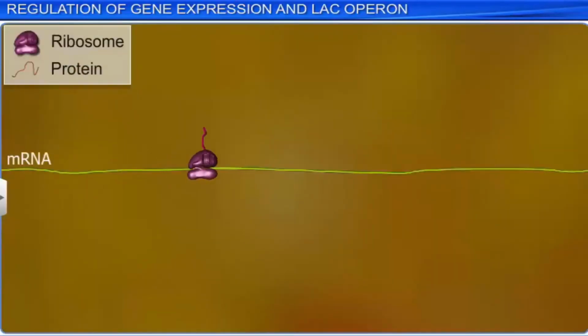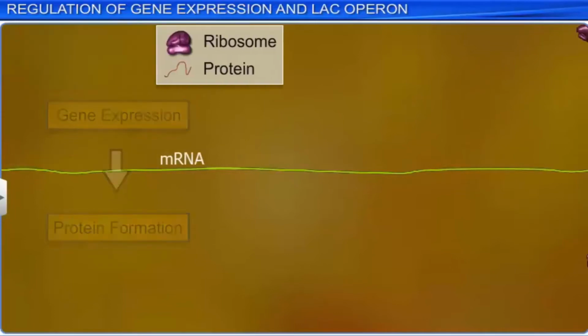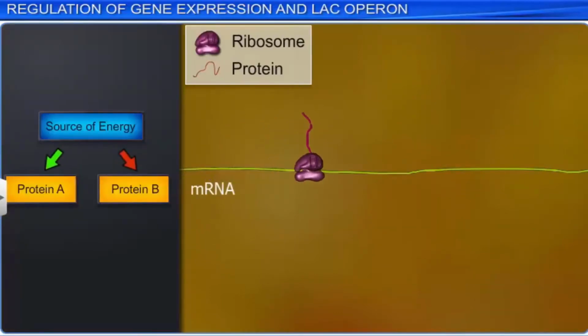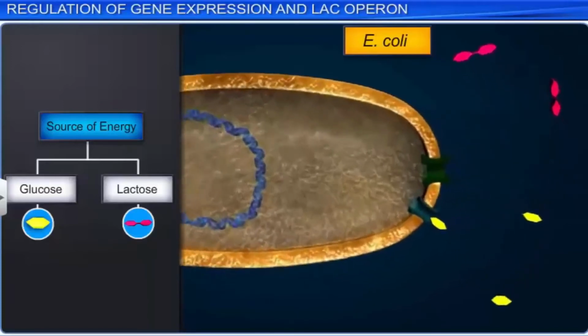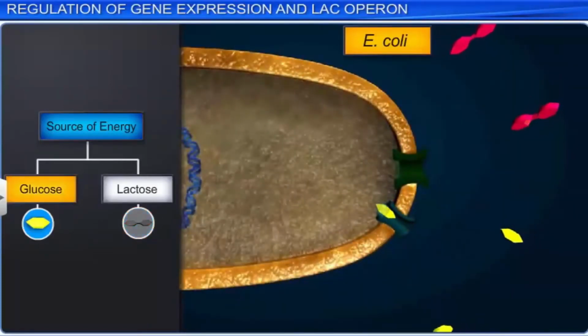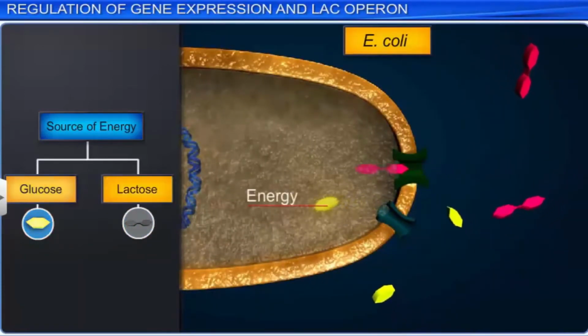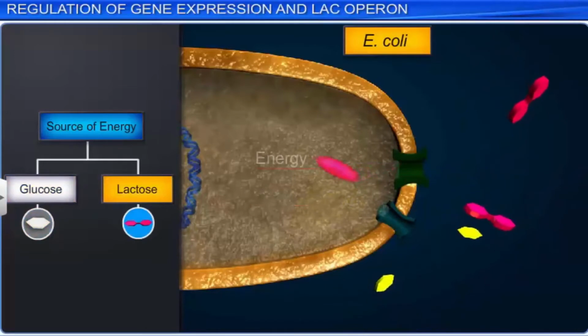Since gene expression results in the formation of a protein, genetic regulation controls which protein must be synthesized and which protein need not. For example, E. coli can use glucose, a monosaccharide, or lactose, a disaccharide, as its source of energy.